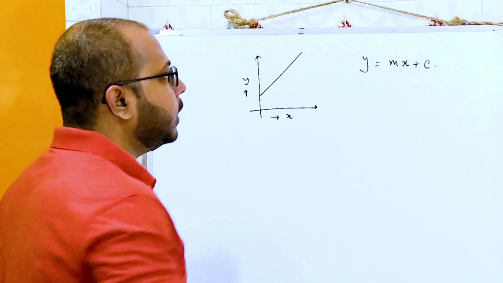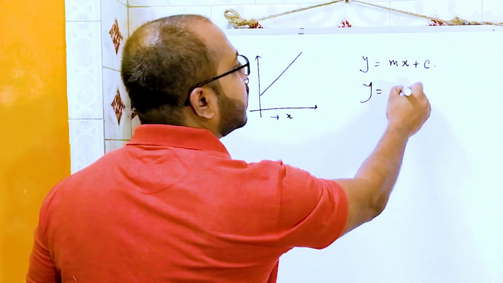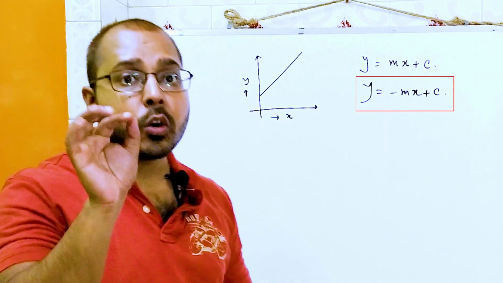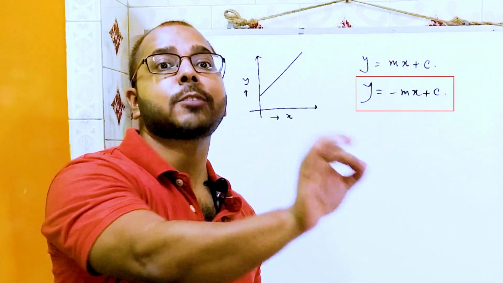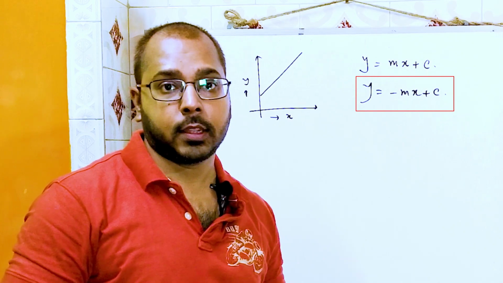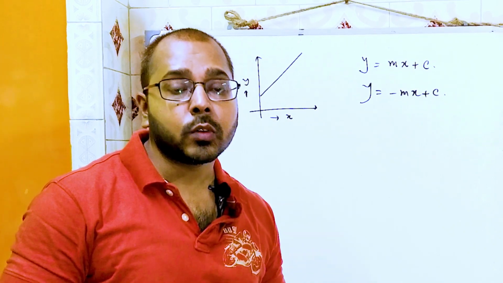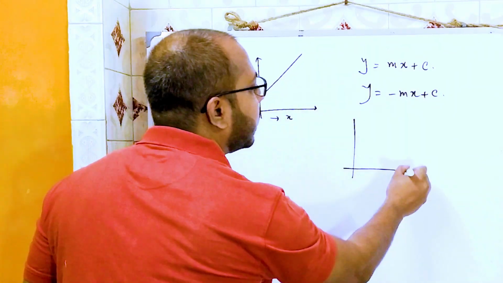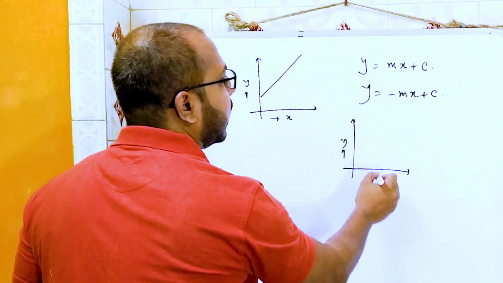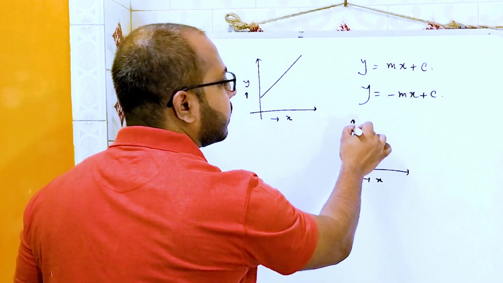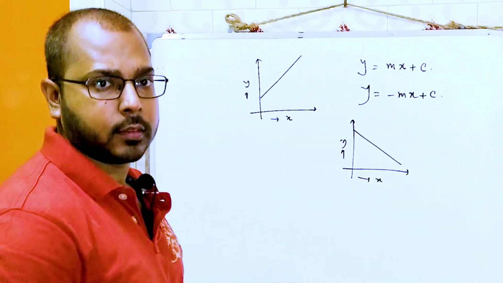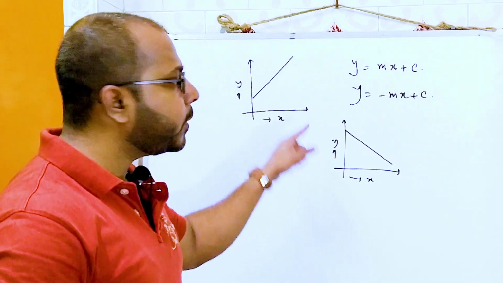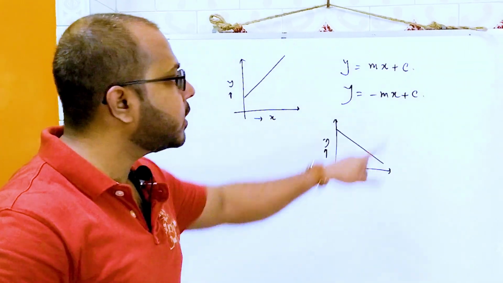If it is y equals minus mx plus c, then this straight line will slope downward, because the slope is decreasing as it is minus m.